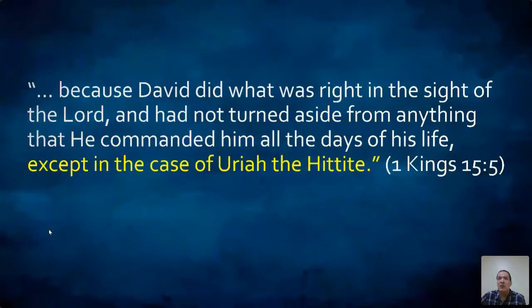This was devastating to David, to his family, to the kingdom. And so the Bible is giving us the good, the bad, and the ugly of these people. It doesn't deny the wrongdoing, and it doesn't deny when someone was right. It's just clarifying the general statements being made.